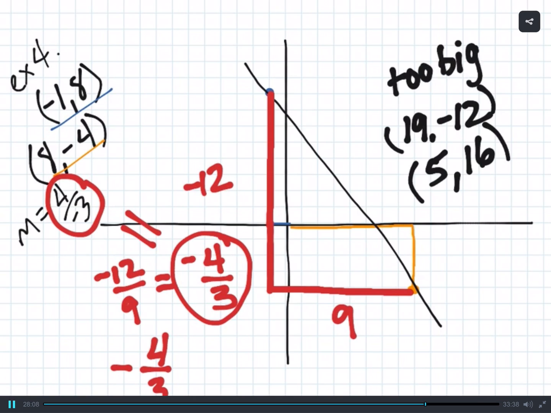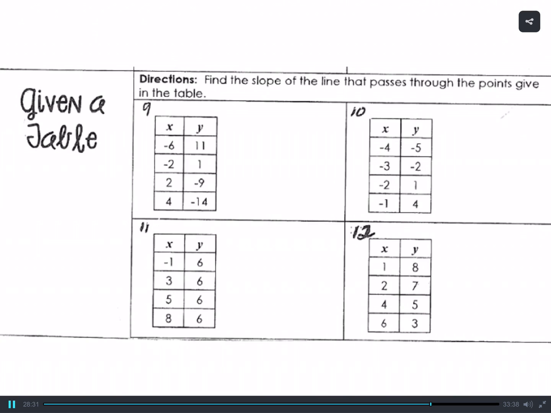So sometimes the points are too big to be able to do the graphing method. And so in those cases, you would want to be able to use that slope formula to fall back on. Okay? Awesome.